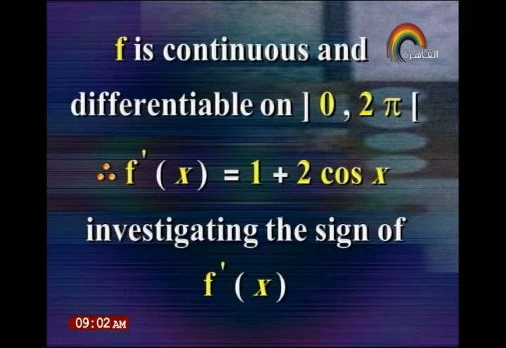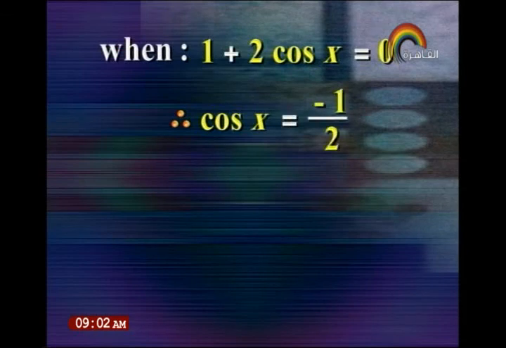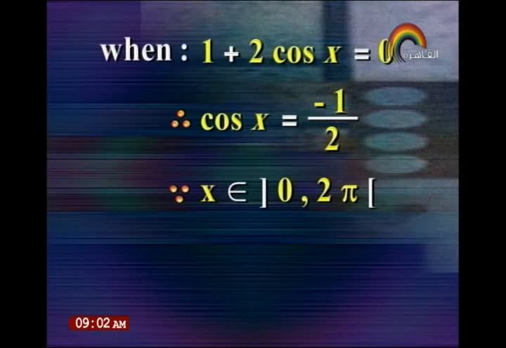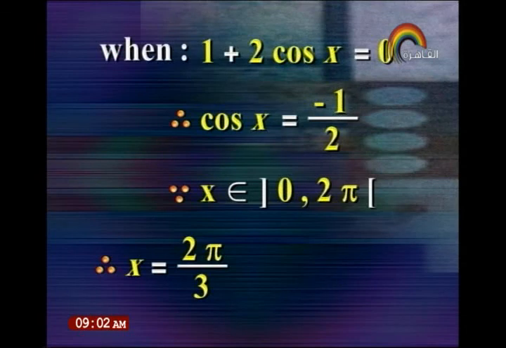Investigate the sign of f dash x. Remember, when 1 plus 2 cosine x equals 0, then cosine x equals -1 over 2. What do you mean? x belongs to the open interval 0 to 2 pi. Then x equals 2 pi over 3 or x equals 4 pi over 3.